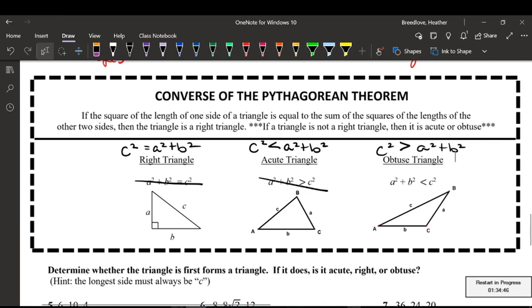So whenever you're doing the converse, for the equal sign it doesn't matter, because an equal sign is an equal sign. But if you're looking for obtuse or acute, make sure you flip it around, because then your greater than or less than will match obtuse and acute. It makes it a lot easier.